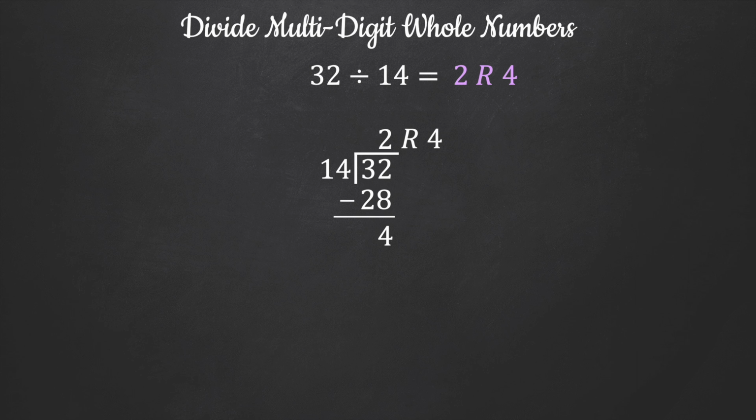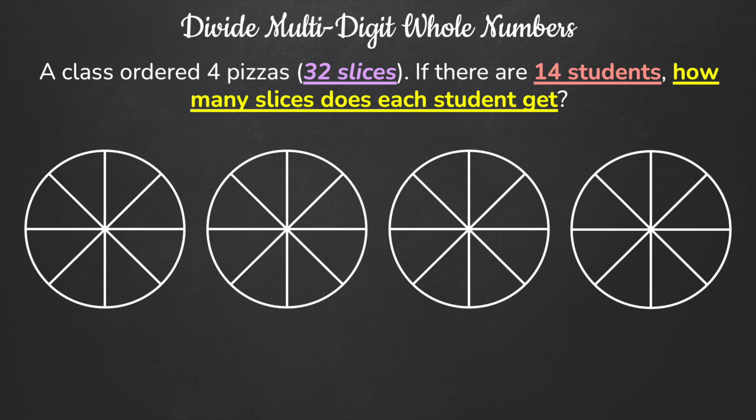Let's talk about what that means in the context of our problem. So if we have 14 students and 32 slices, that means that each student gets 2 slices because our quotient was 2.